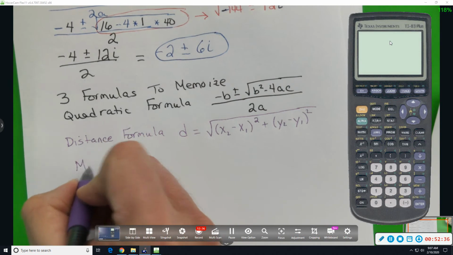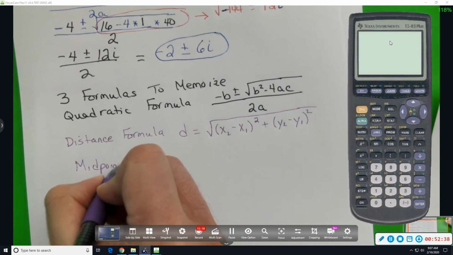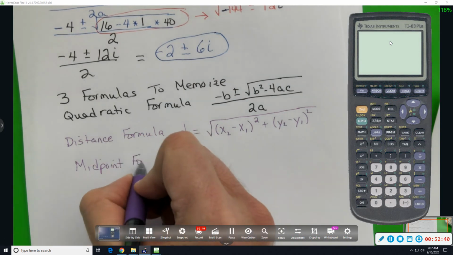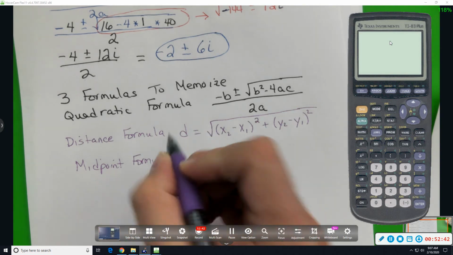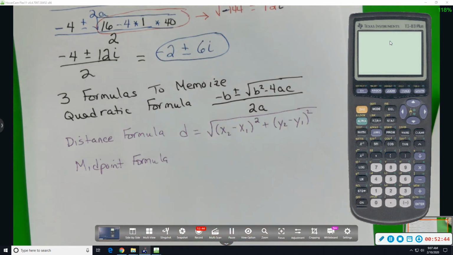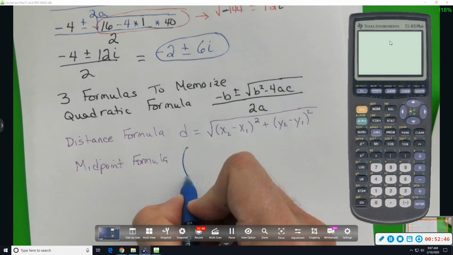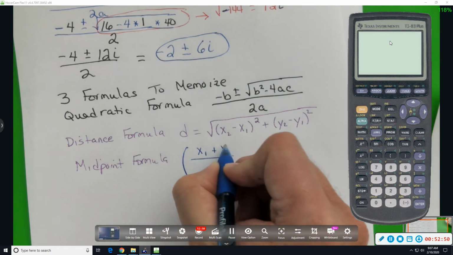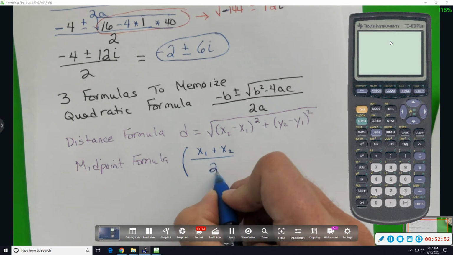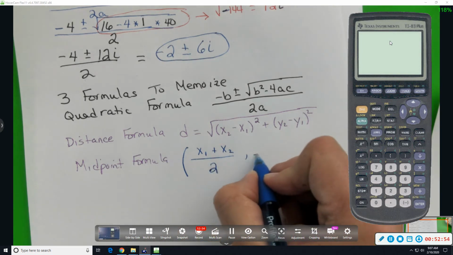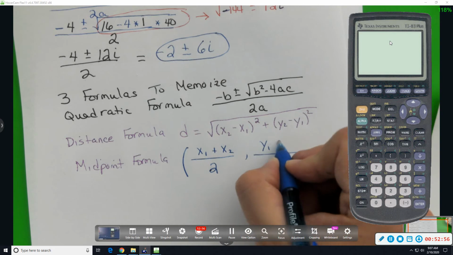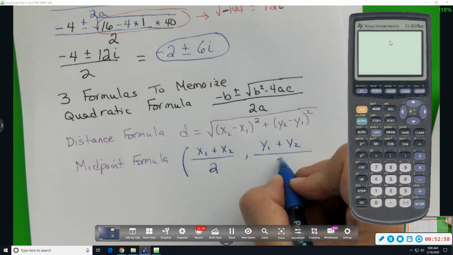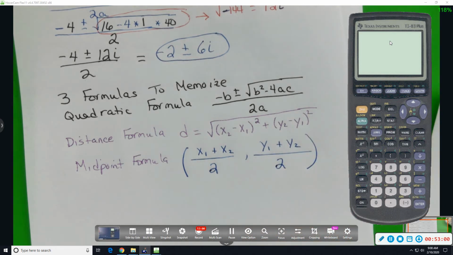Now, for the midpoint formula, that's the one that students generally think is easier, because all you do is average the x's. To average, you would take the 2 x values, add them up, divide by 2. Take the 2 y values, add them up, divide by 2.